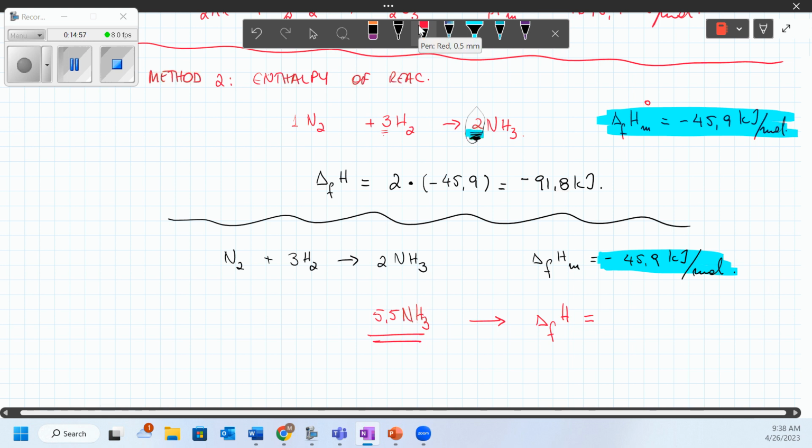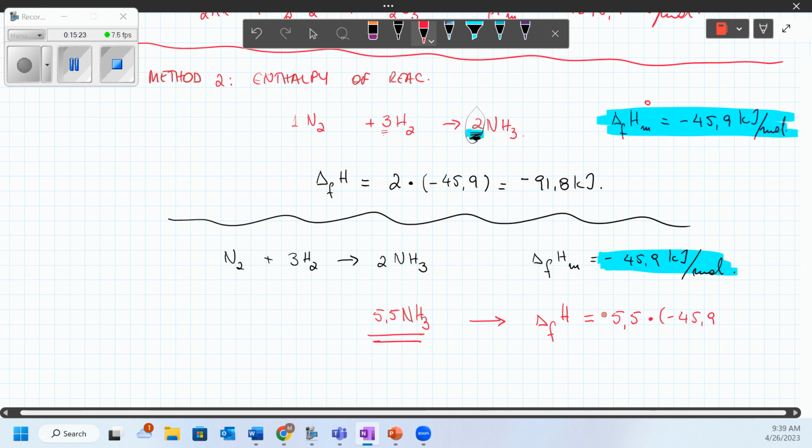What should we do to figure out the enthalpy of the reaction when 5.5 moles of ammonia are produced? Multiply by 5.5. So then we'll have 5.5 times negative 45.9.